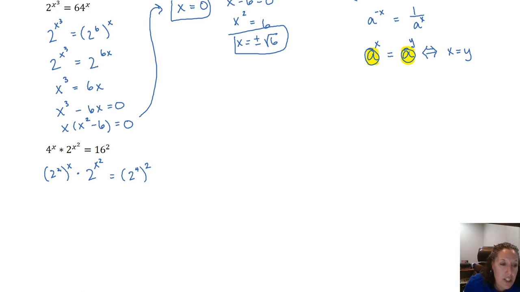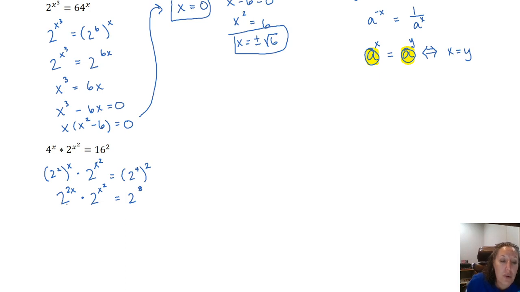All right, on the left-hand side, 2 squared raised to the x power, that's a power raised to a power, so we're going to multiply those exponents. 2 raised to the 2x. We still have 2 raised to the x squared. On the right-hand side, again, we have a power raised to a power, so that's going to be 2 raised to the 4 times 2, or 2 raised to the 8th.